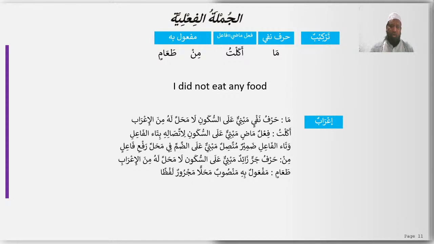أكلت فعل ماض مبني على السكون لاتصاله بتاء الفاعل, because فعل ماضي is مبني على السكون when تاء الفاعل is attached.